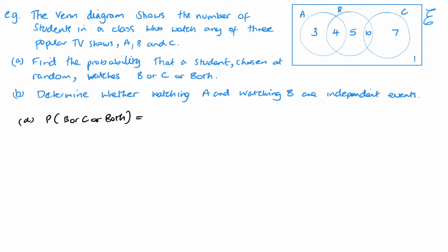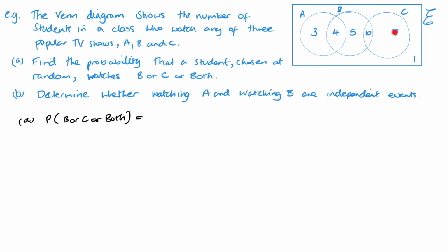So that's going to be essentially these four values. Because this is watching B, this is watching all of C, but obviously we don't include those 10 people twice. So it's B, this is both, this is C. But essentially this is all of B, this is all of C, but we don't want that twice.